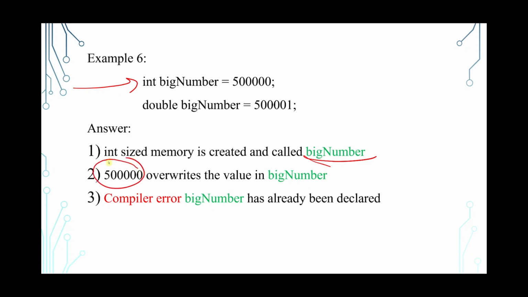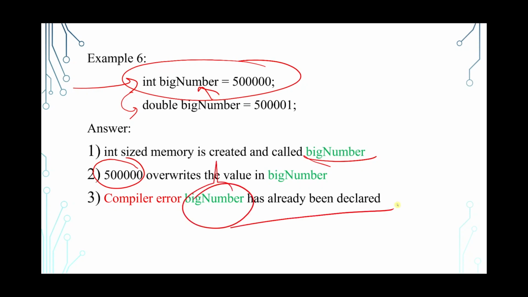Then 500,000 overwrites the value in bigNumber. Okay, we are done with this one. But moving to the next one, the compiler is going to create another variable with an existing name. That is a compilation error because bigNumber has already been declared.